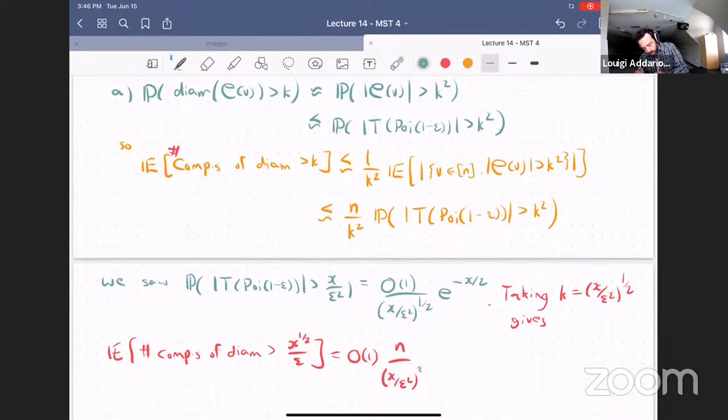That gives us an extra x on epsilon squared to the half, and then e to the minus x on 2. Let me just rearrange that. Here we have a 1 on epsilon cubed on the bottom, so that's n epsilon cubed over x to the half e to the minus x on 2 with an order 1.